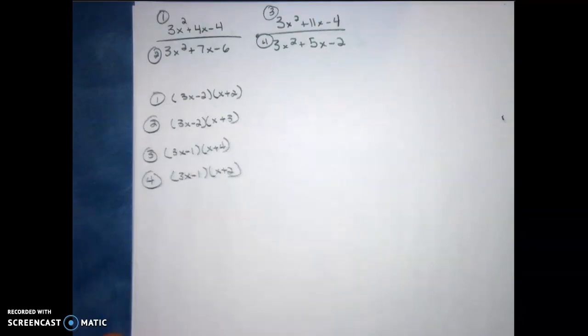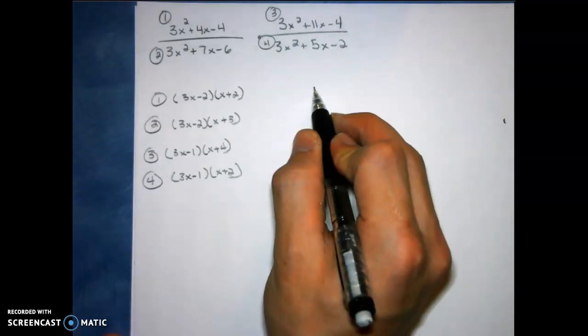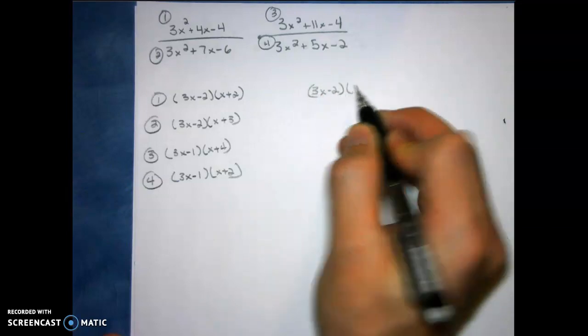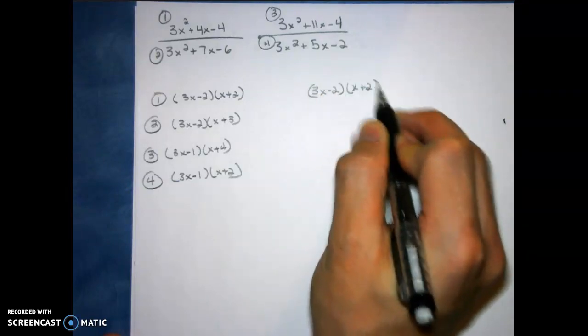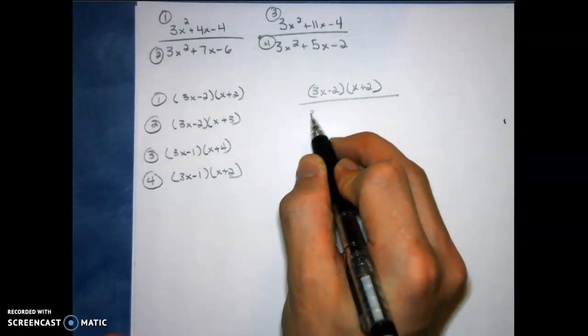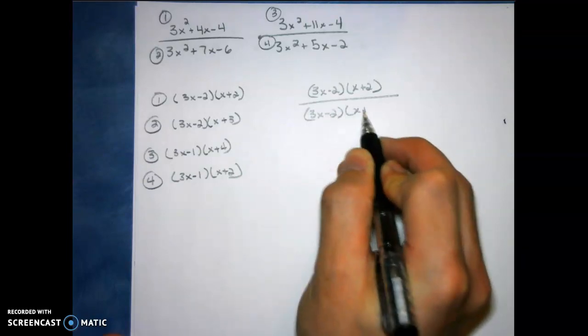All right, so now we just replace everything and then look for things to cancel. So the first one is 3x minus 2, x plus 2 over 3x minus 2, x plus 3.